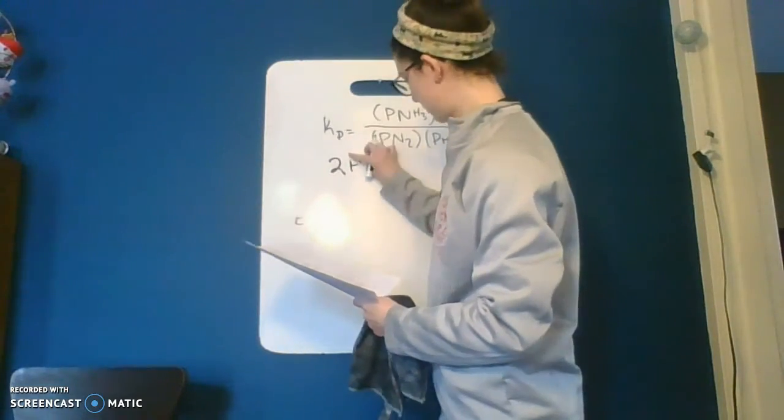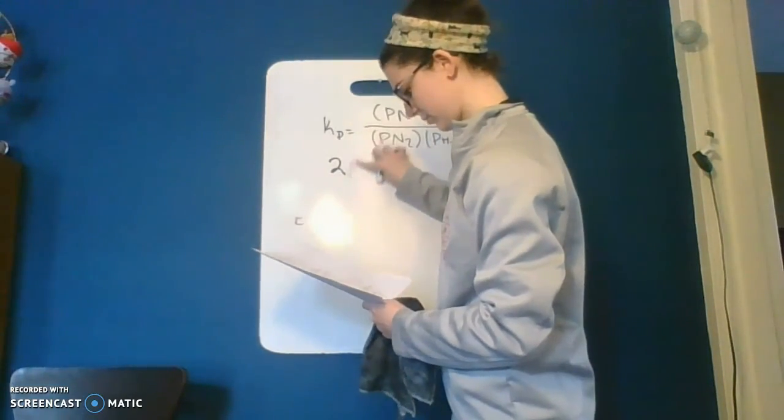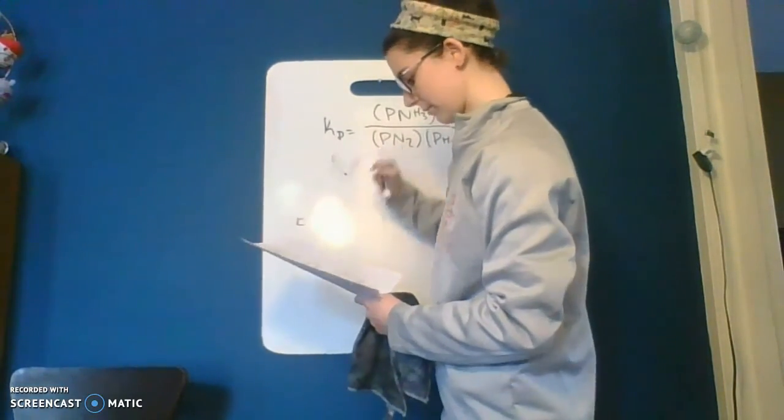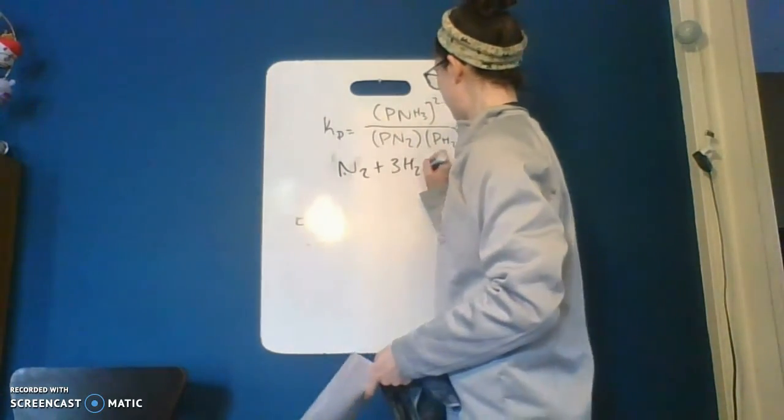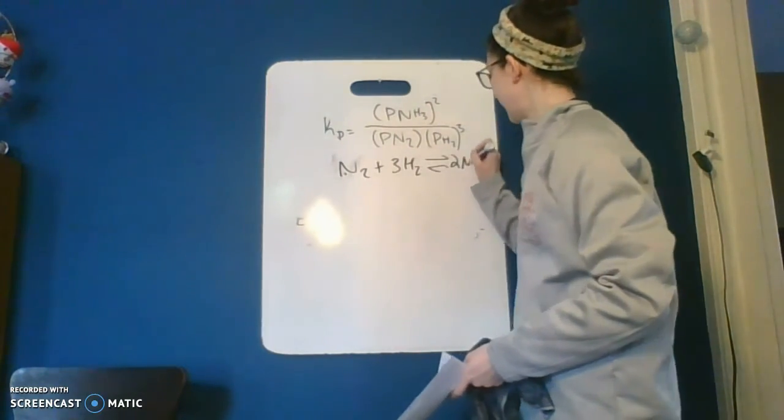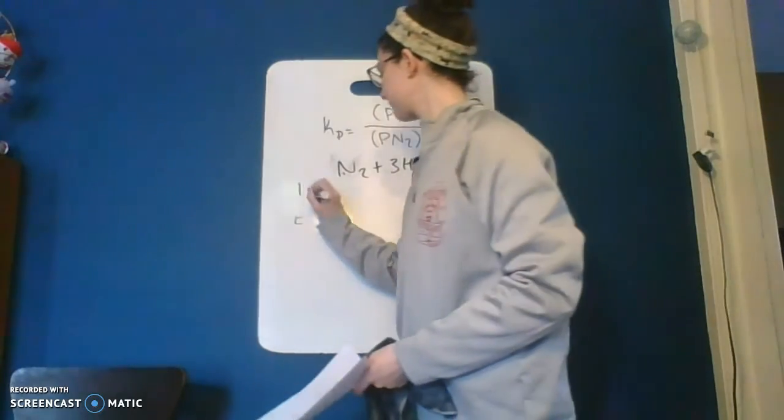Sorry, wrong column there. We have N2 plus 3H2 yielding 2NH3.